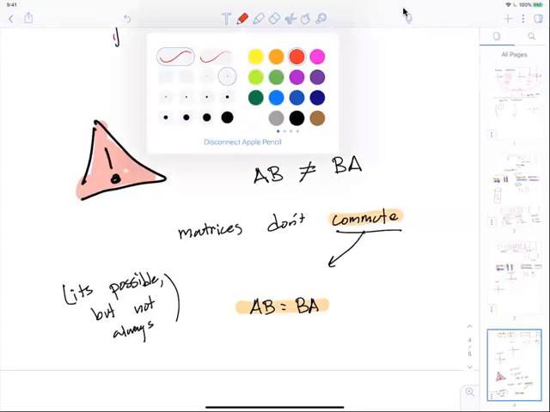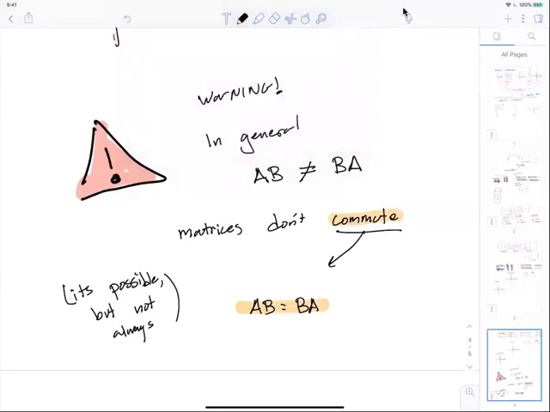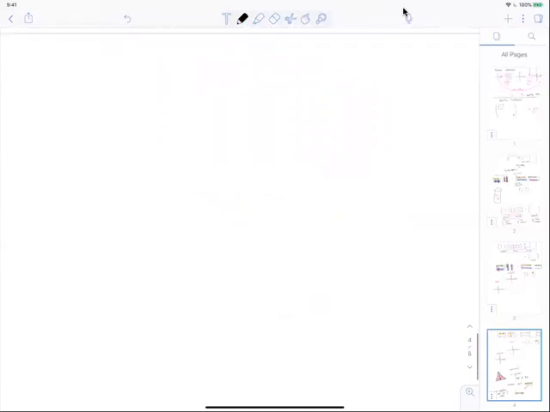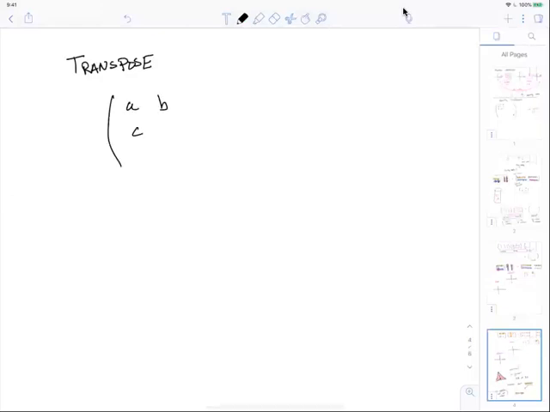Okay, so before we wrap up for this session, let's take some time just to go over some matrix properties. One property that we haven't gone over is called the transpose. This is just very nice when you want to talk about matrices. The transpose of a matrix, probably best defined by example, says that you're going to make the columns rows and the rows columns.